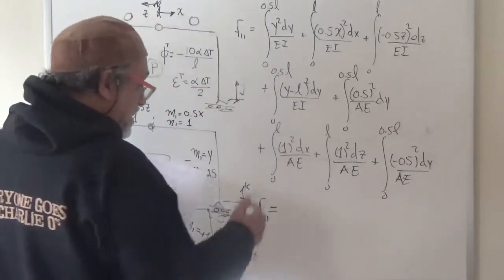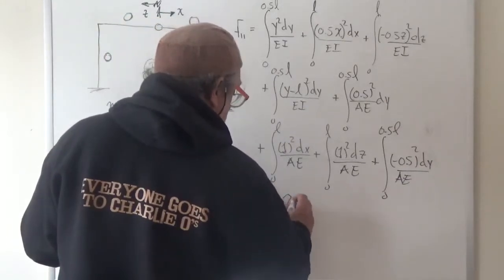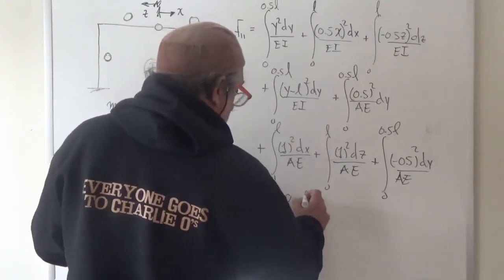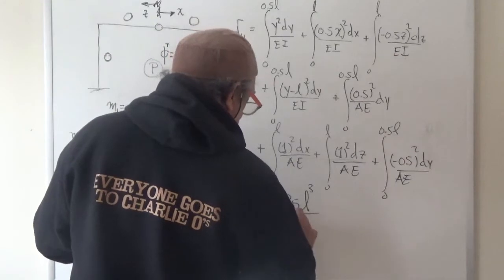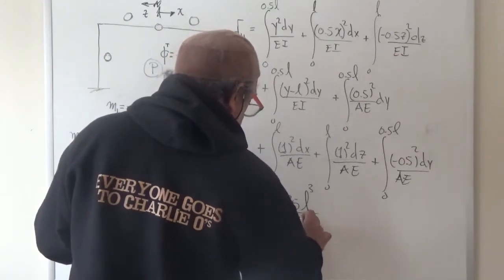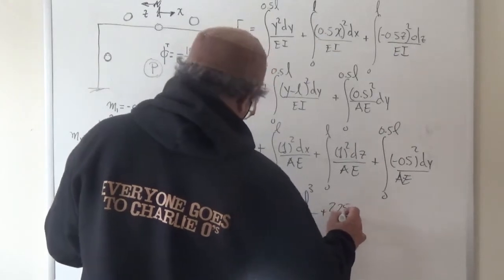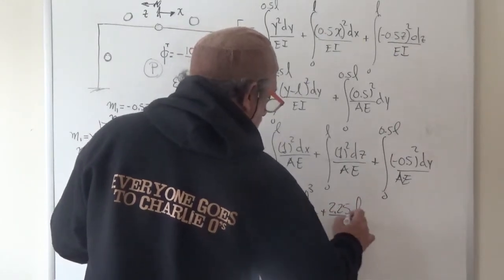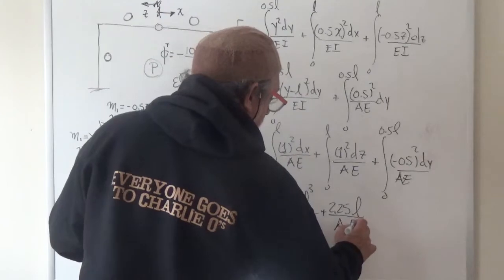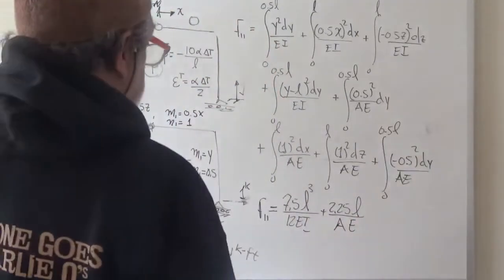And there's a chance that I may have it wrong, but I get this: 7.5 L cubed divided by 12 EI plus 2.25 L over AE. Okay, so that's F11.